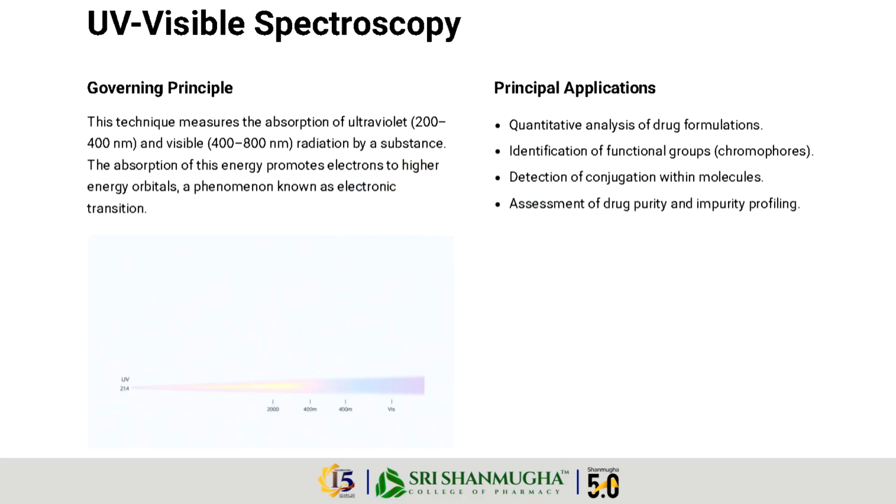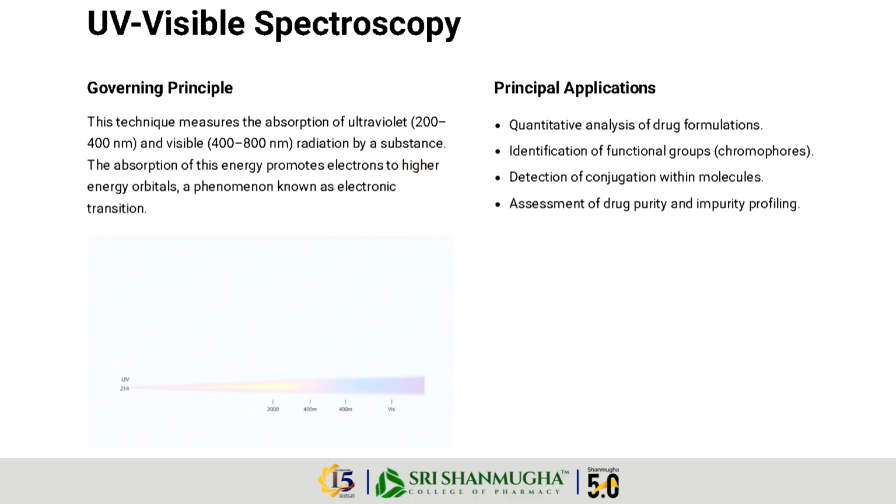Now shifting to the analytical techniques, UV visible spectroscopy. The principle is based on the absorption of ultraviolet (200 to 400 nanometers) or visible (400 to 800 nanometers) radiation by molecules. This absorption causes electronic transition, promotion of electrons from ground state to higher energy orbital.